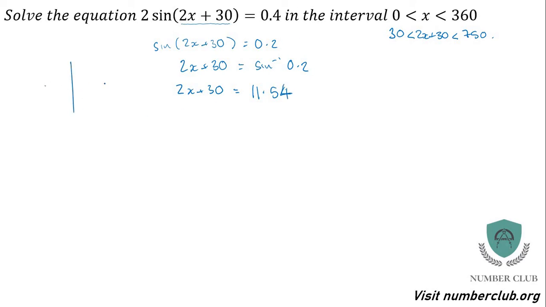So we've got 11.54, and I want to go up as far as 750 degrees, so there's quite a lot going on here. So we've got 11.54 here, and 180 subtract 11.54 comes out as 168.46.